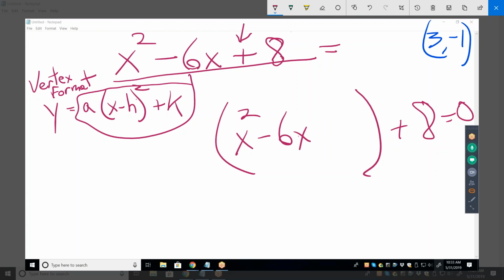How do I complete the square? You take half of the coefficient of the x term and square it. The coefficient of the x term is 6, and so half of that is 3. 3 times 3 is 9. So I'm going to add it, and you're always adding it, because even if it's a negative number, when you square it, it becomes positive.